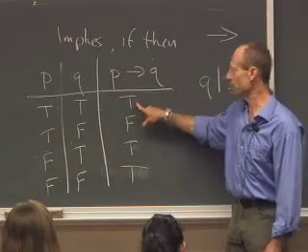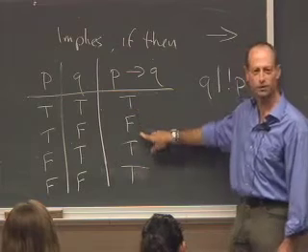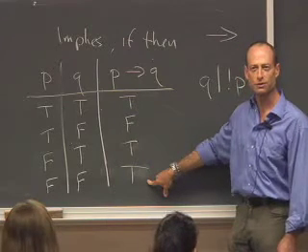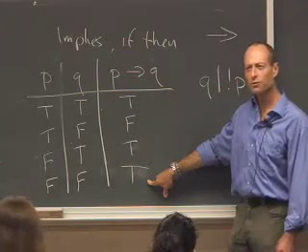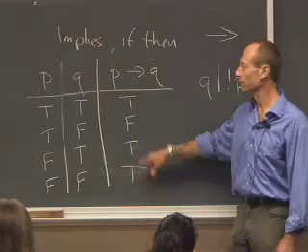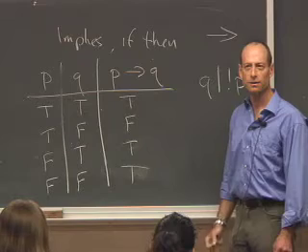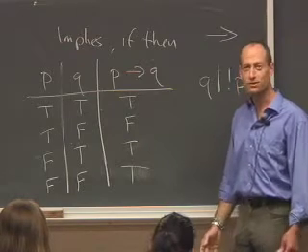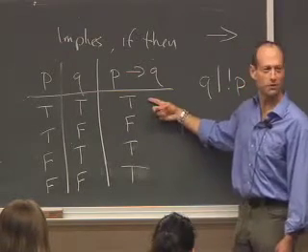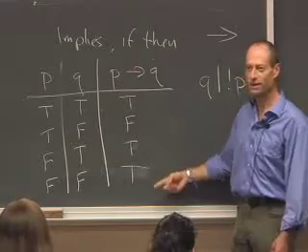Two, right? This could be true or false. This could be true or false. This could be true or false. This could be true or false. So how many different truth tables are there for two propositions going in? 2 to the 4th. There's two possibilities for this, times 2 for that, times 2 for that, times 2 for that.